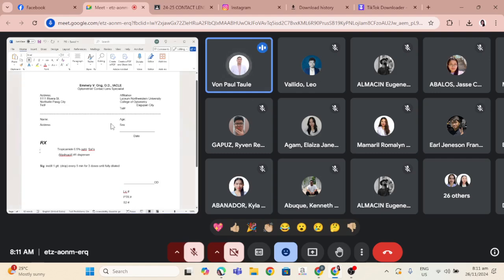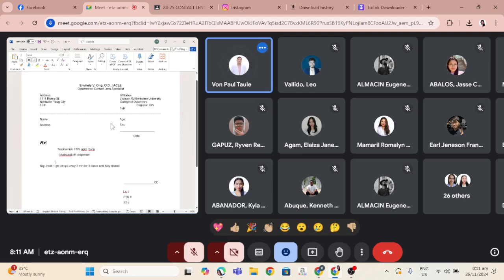This is represented by the symbol Rx, or actually this one is supposed to be a small x like that. And the definition is somewhat of a word, recipe, or meaning "you take."